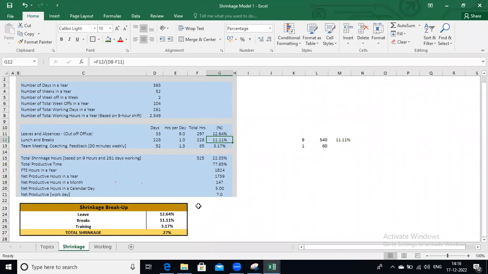Yes. Okay. So now coming to the hours calculation. If you talk about the total shrinkage, that is 22.35%.